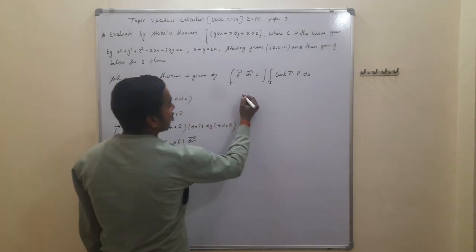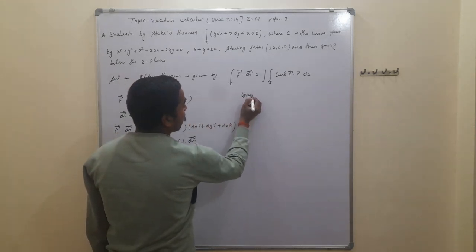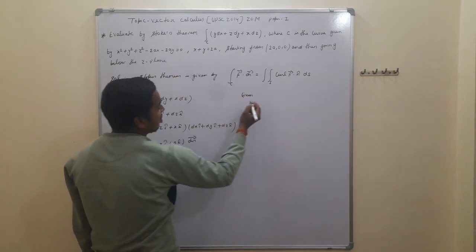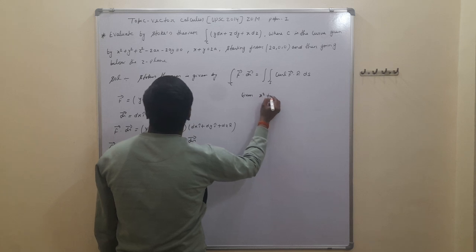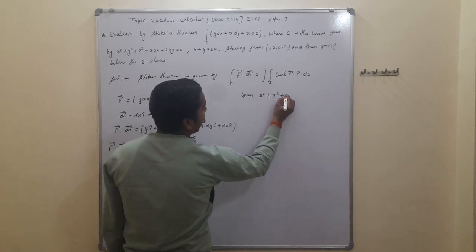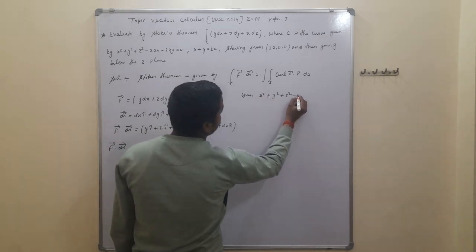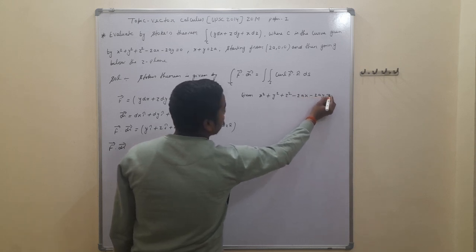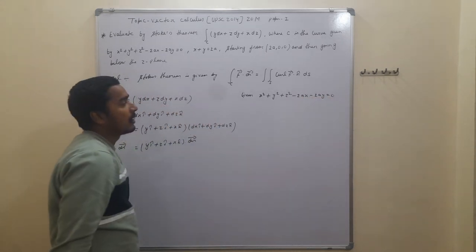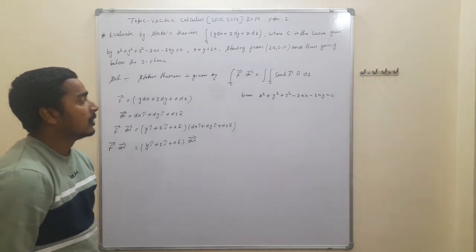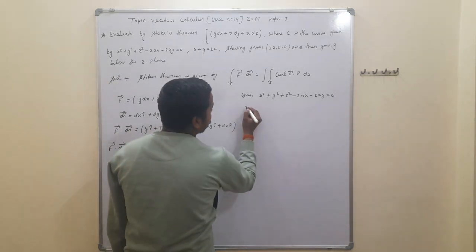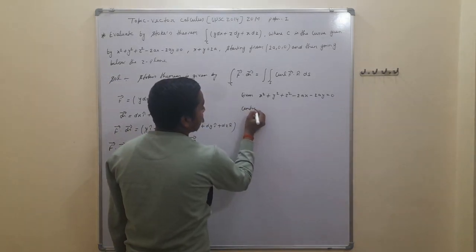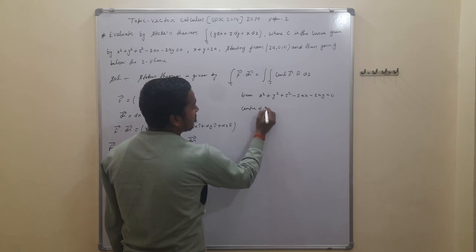Here the given sphere equation is x² + y² + z² − 2ax − 2ay = 0, and from the given sphere we have to find the center.